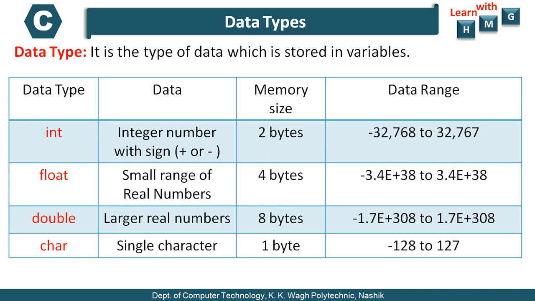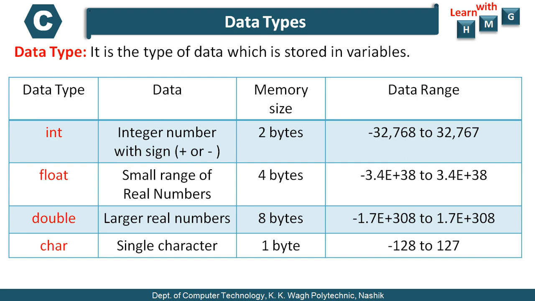The memory required for the integer data type is 2 bytes, and the data range is minimum minus 32,768 to maximum plus 32,767. So this is the range of int, and whenever you want to use data within this range, you can use the int data type.